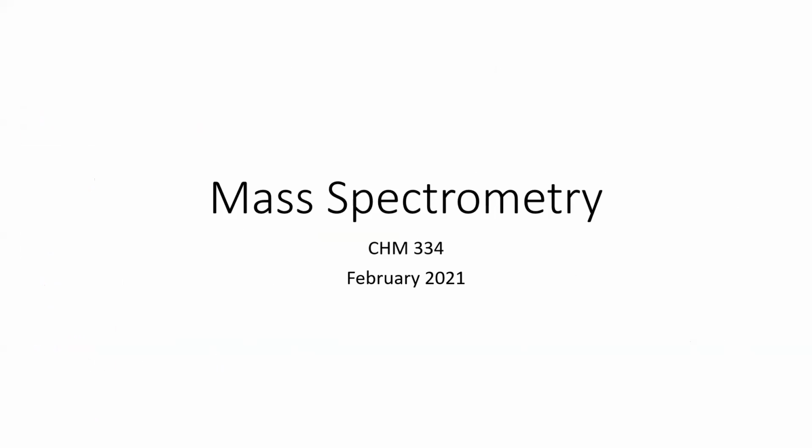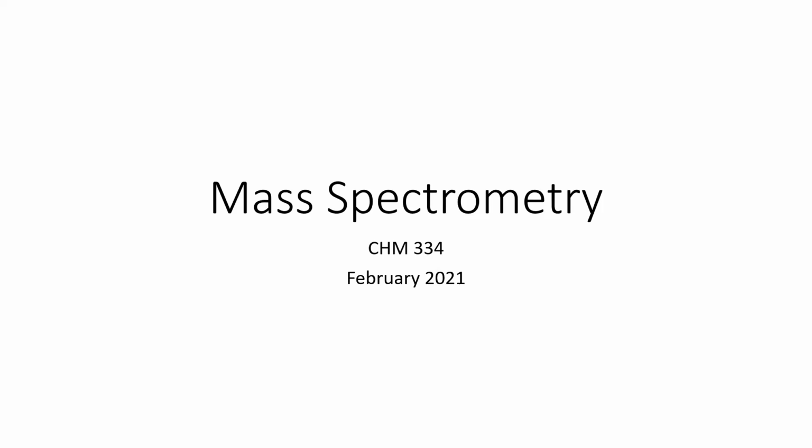I've already sent the materials for UV visible spectroscopy in the last few days. My colleague, Dr. Olashuko, will be teaching you infrared spectroscopy. I believe we've done that before the lockdown. And the next aspect will be nuclear magnetic resonance. So these 4 techniques are all we'll be looking at in CHM 334.